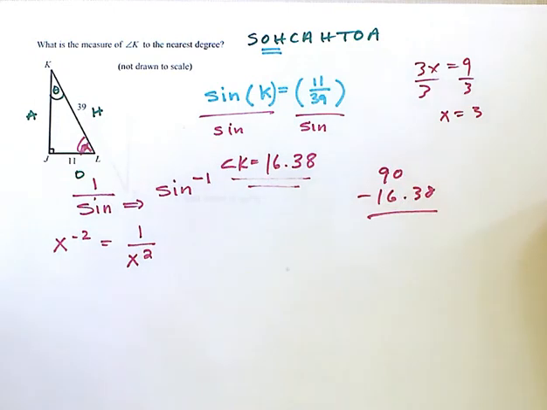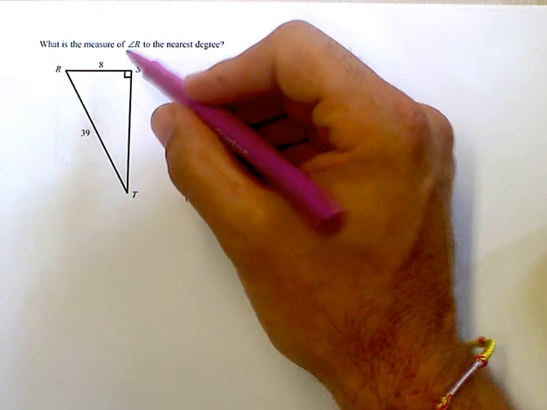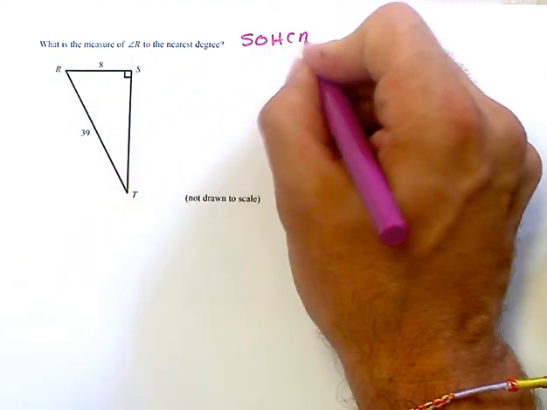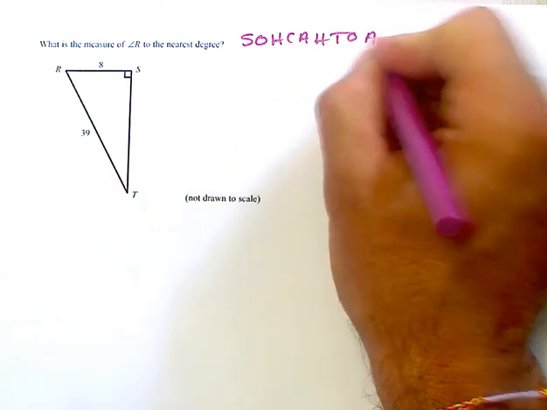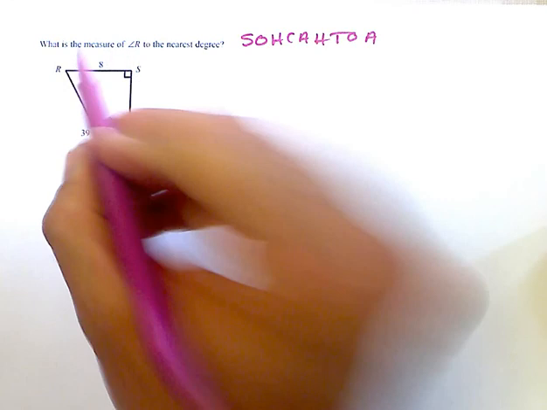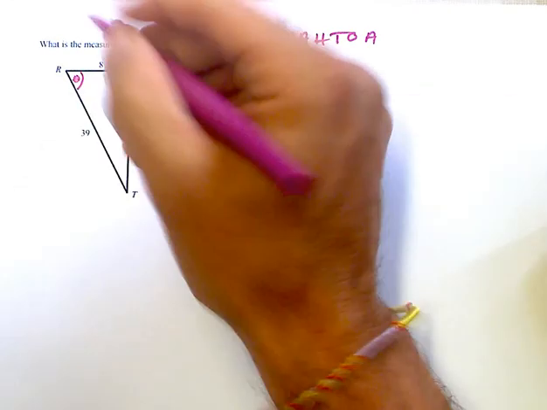Now let's just look at a different case. Again, I myself am going to be writing this down each time. This way it keeps my information organized. Here's the angle they're talking about. That's very important. We'll call it theta. Recognize this is an adjacent.